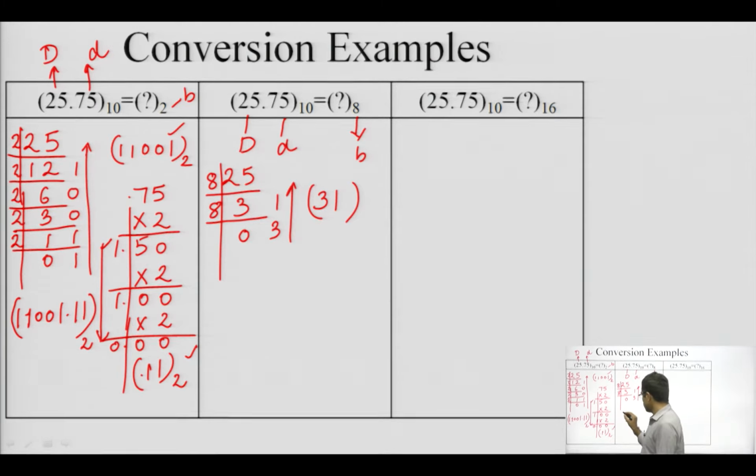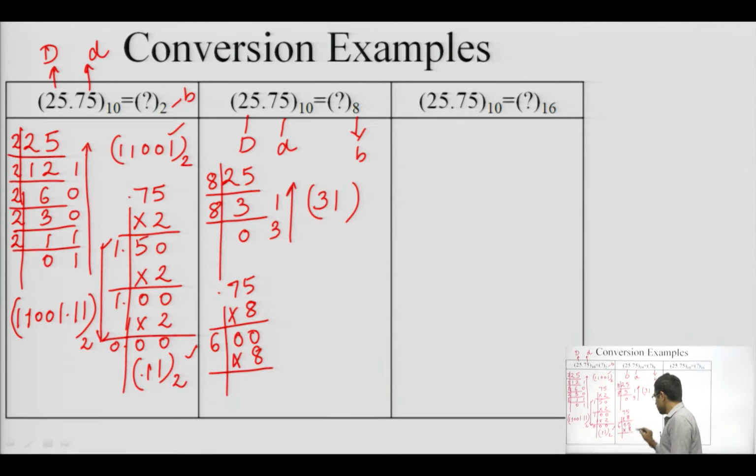So, for this 0.75 I will be multiplying it by 8. So, this 0.75 into 8 becomes 6.00. Okay. 0.75 into 2 is 1.5 and 1.5 into 4 is 6. So, if I again continue multiplying, then I will get 0 0 0.